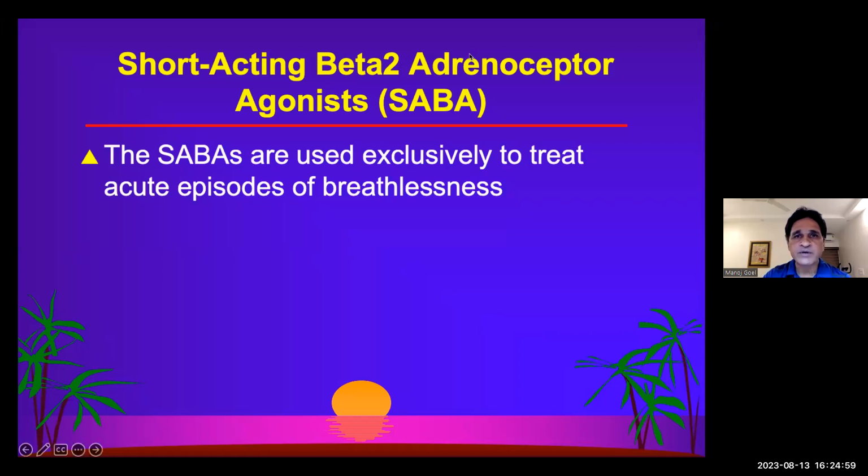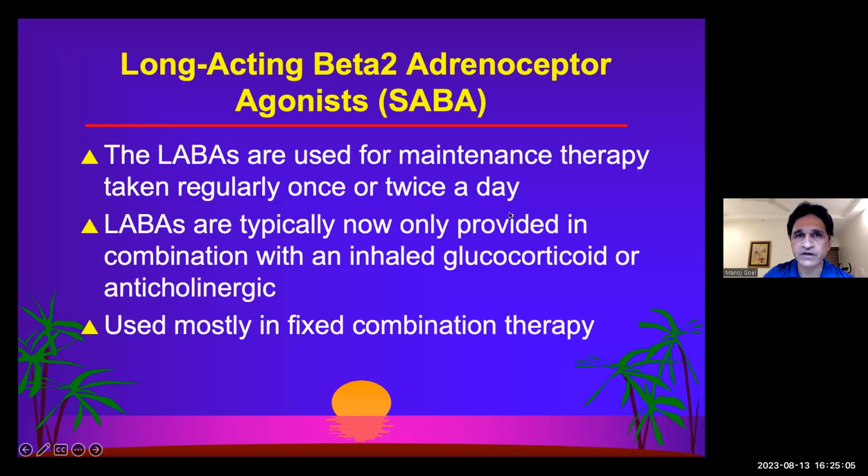So, as I said, the SABAs are used exclusively to treat acute episodes of breathlessness because of their short duration of action and fast onset of action. The LABAs are used for maintenance therapy, taken regularly once or twice a day. LABAs are typically now only provided in combination with an inhaled glucocorticoid or anticholinergics and used mostly in fixed combination therapy. So LABAs are not available as monotherapy.